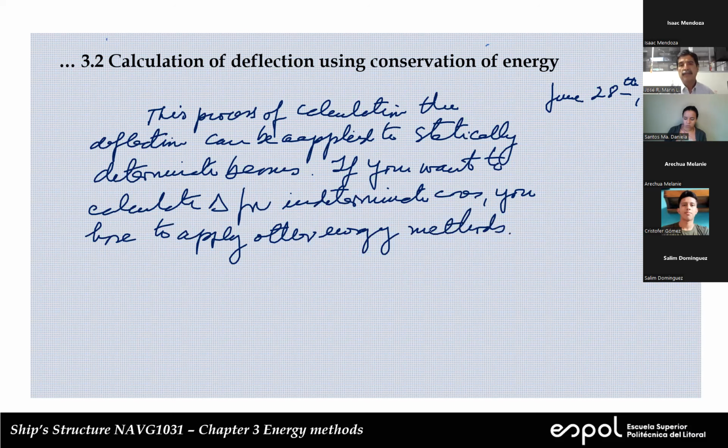Simple methods to do it, but we don't have the time to present them here, okay? So that's it for that.